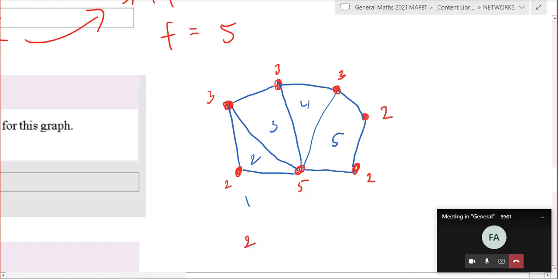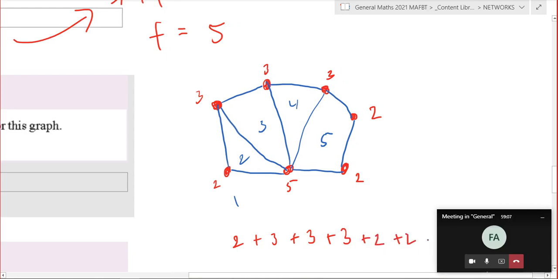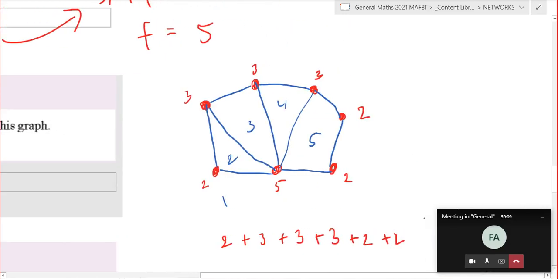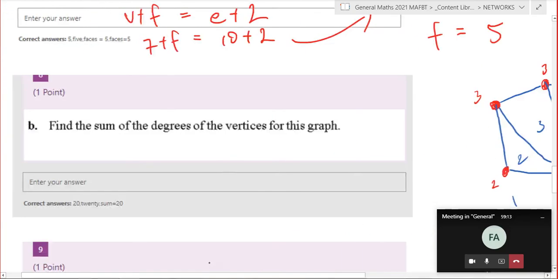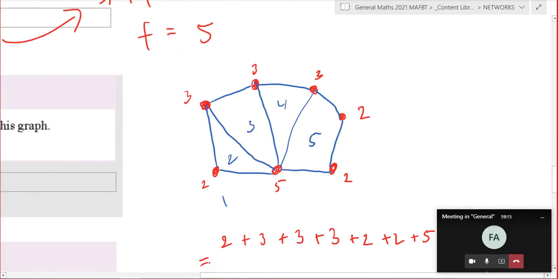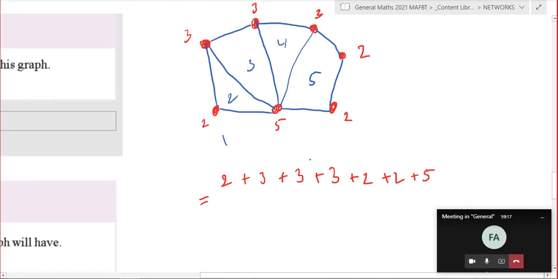So 2 plus 3 plus 3 plus 3 plus 2 plus 2, and then plus 5. And it should equal, if we did it correctly, 20. So adding them all up: 5, 8, 11, plus 2 is 13, plus 2 is 15, plus 5 is 20. So we did it right.